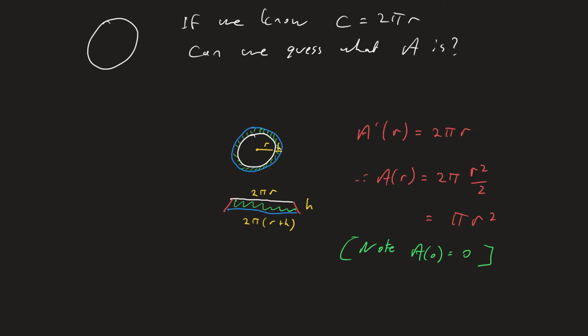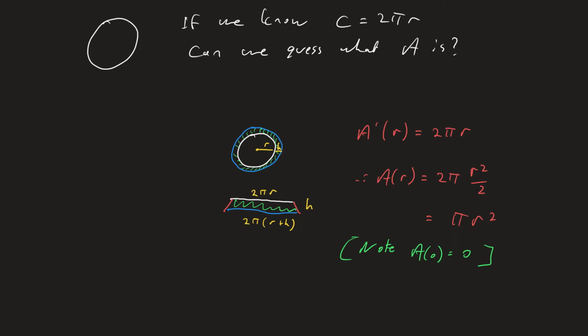For fun, we finish by asking, if we know the circumference of a circle is 2 pi r, can we guess what the area is? Here's my circle of radius r. If I increase its radius from r to r plus h, then I've increased the area by this green amount in here.